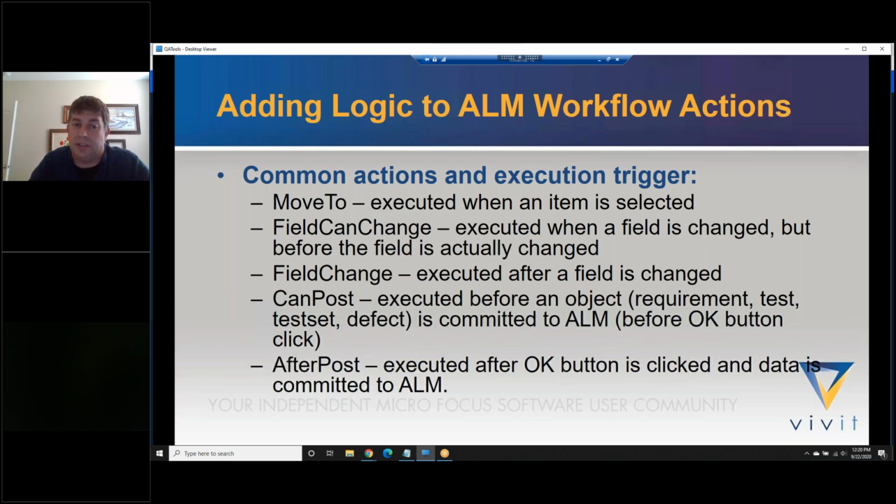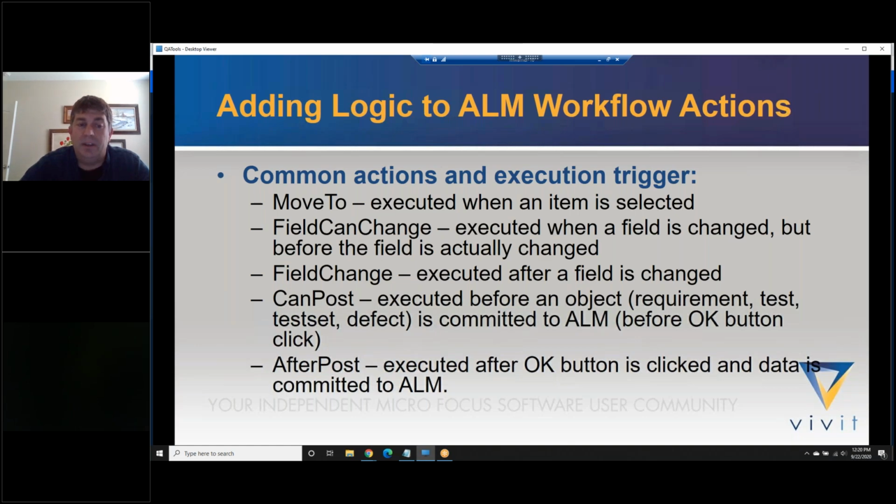Can you actually change it? And if everything is good, then it lets it change. And that's when the next trigger happens, the field change. After a field gets changed, this code actually will run.